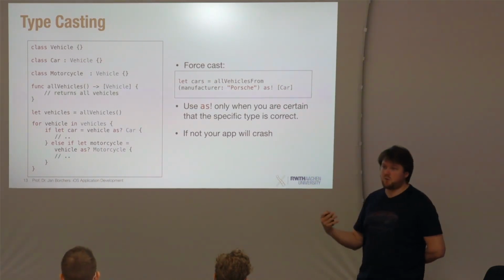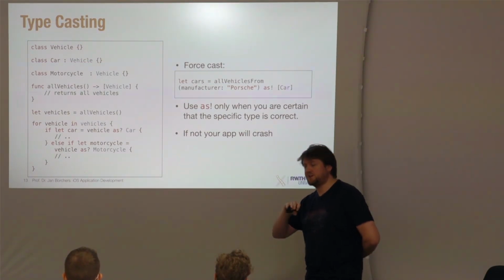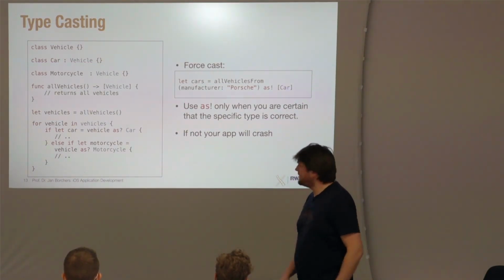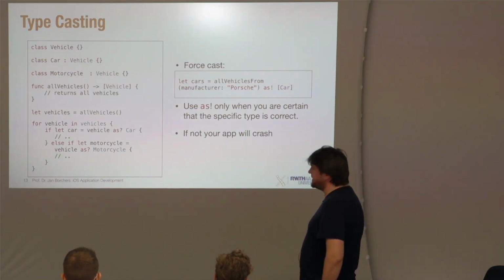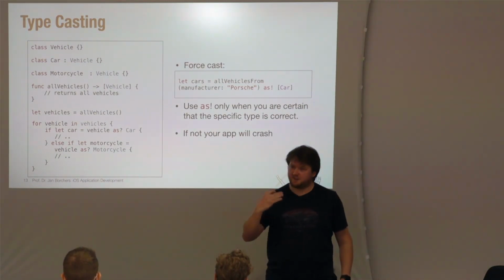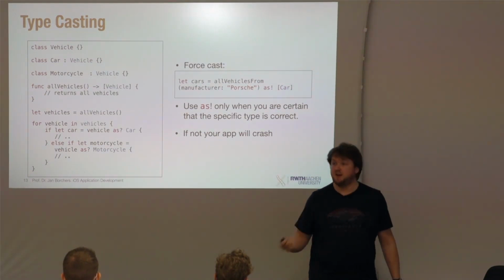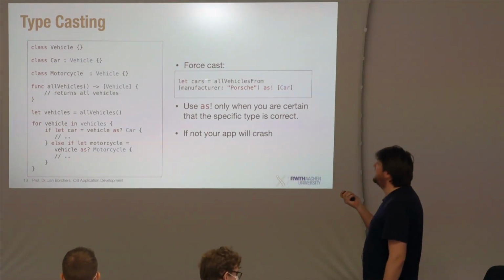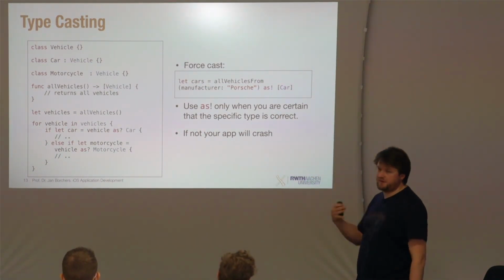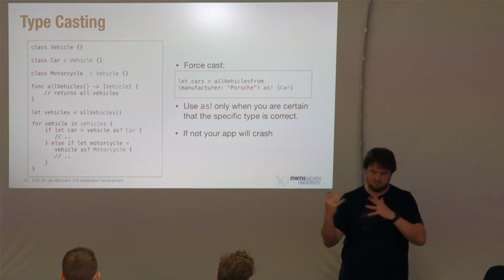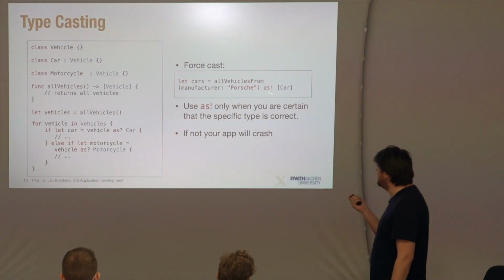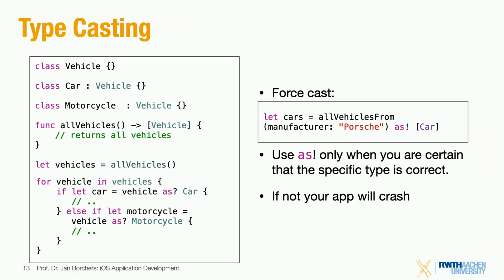So if that casting doesn't work, it will crash at that point, unless I'm really mistaken, because it always checks the types. So after this point, cars will be an array of cars. And if it doesn't work at that point, during the execution it will crash.